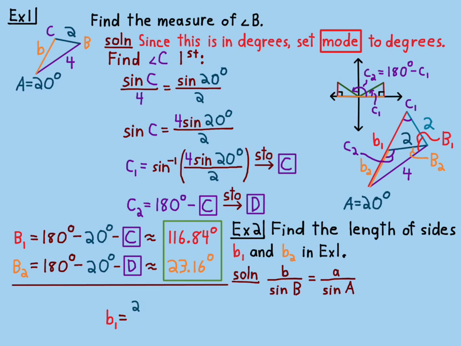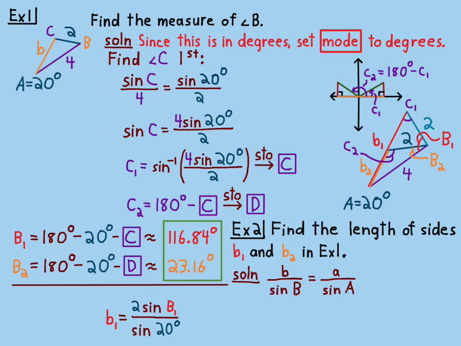Okay. So A we already know is 20 degrees. I use the A because if I used C, there's two different ones, and I didn't want to bother with that. So there's only one angle A. That's the one we know for sure.